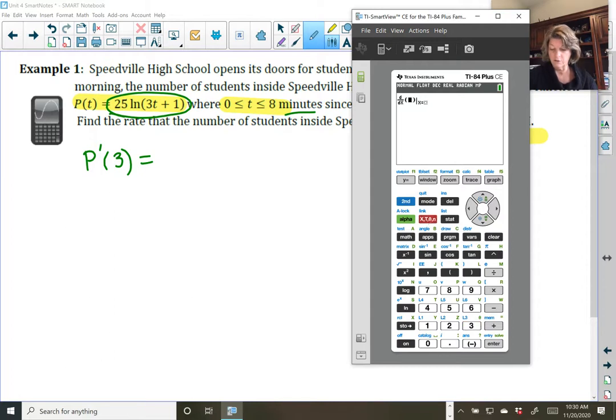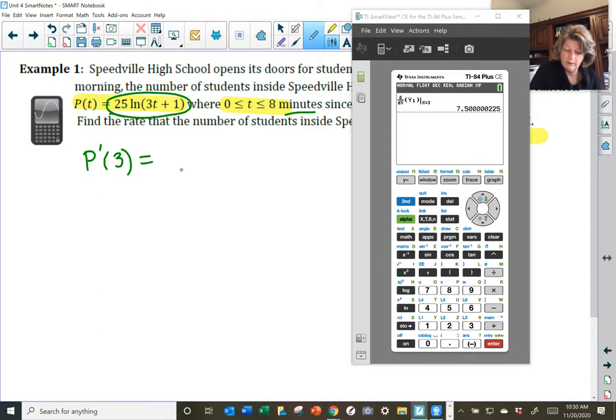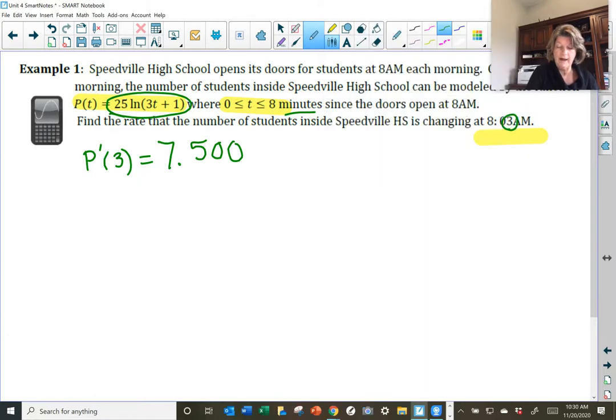I want to take the derivative with respect to x, using y1, because that's where I stored it, and evaluate it at 3. So I get 7.5. 7.500. Remember, we always need 3 decimal places, and I don't think it hurts to put those extra zeros on there because we are accurate out to thousandths.